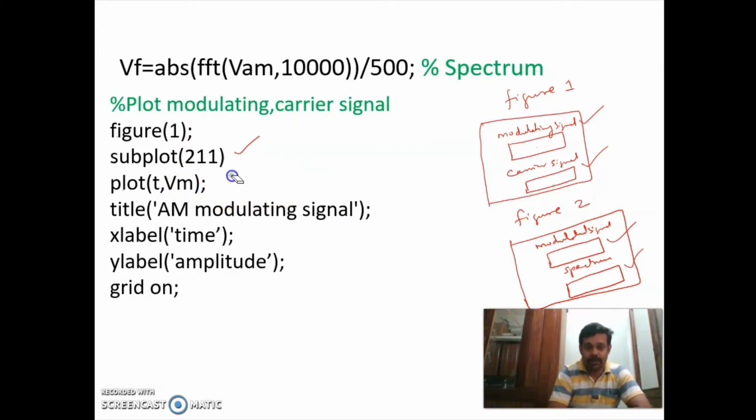So plot t comma vm will plot the modulating signal. Next we are giving the title, AM modulating signal. Then x label is time, y label is amplitude, and grid on will enable the grids. So first we have plotted the modulating signal in figure 1.